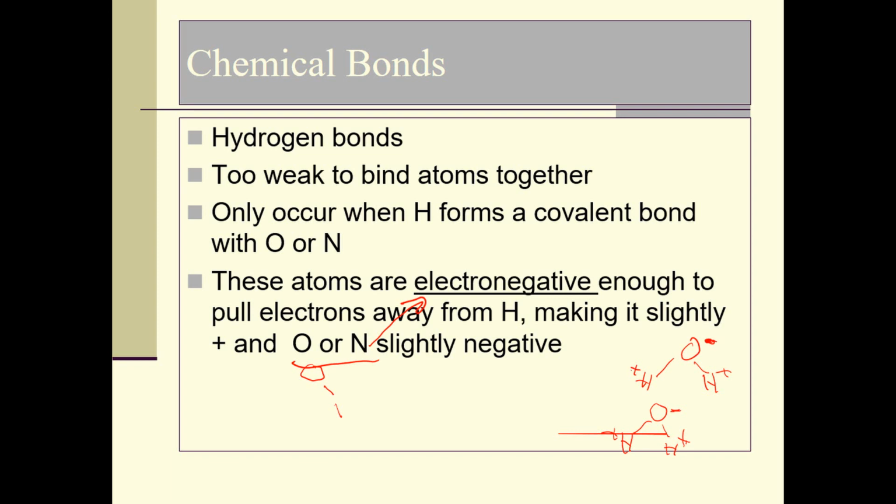A hydrogen bond is this weak bond because this is positive, this is negative. So in order to have one end be positive and one end be negative, we need to have oxygen or nitrogen covalently bound to hydrogen first. Then it can win that tug of war, and then we see a hydrogen bond will be between molecules.